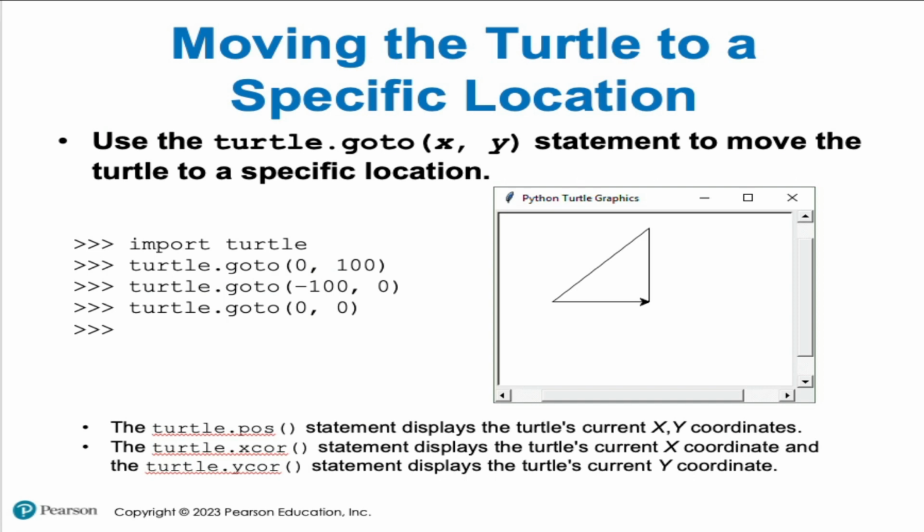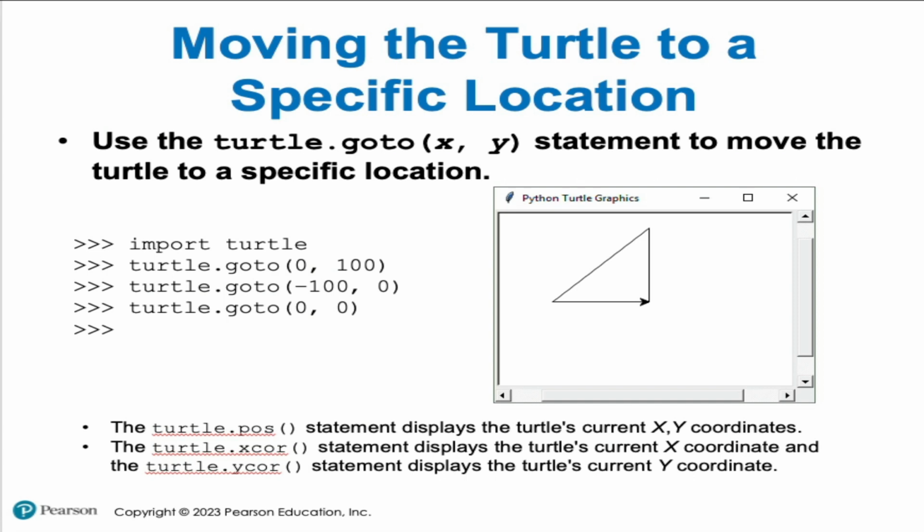We can specify a specific location within this coordinate system by using goto. So for the graphics in the window, we said go to 0, 100, go to -100, 0, and then go back to the origin, 0, 0.